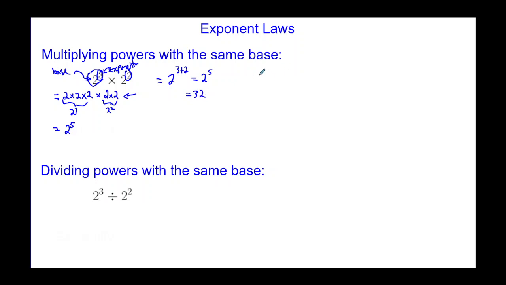And so generally, the rule here is that if we have powers with the same base, and it is important that the bases are the same, to multiply powers with the same base, basically we keep the base and add the exponents.